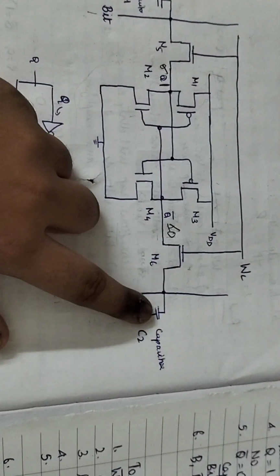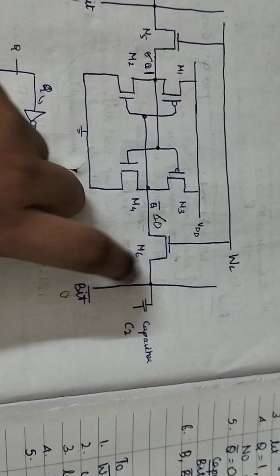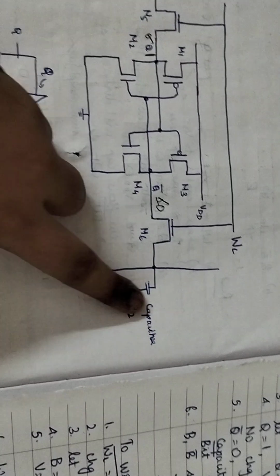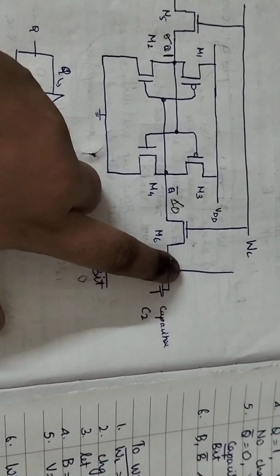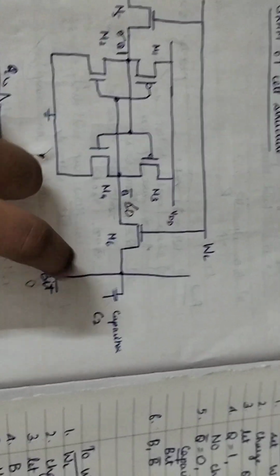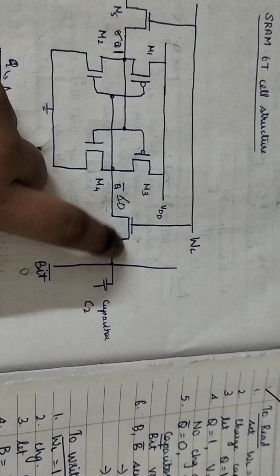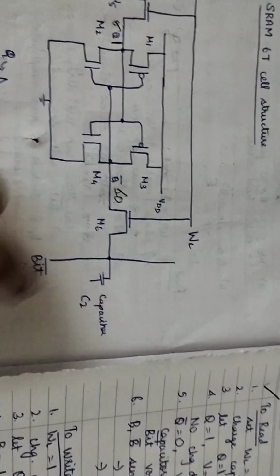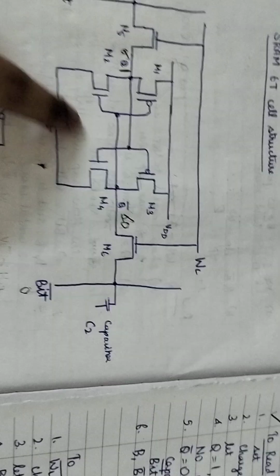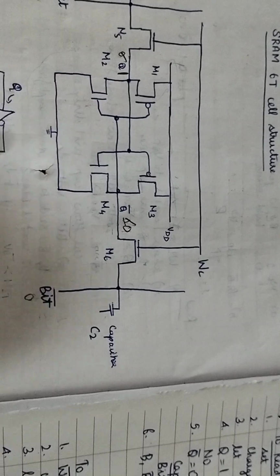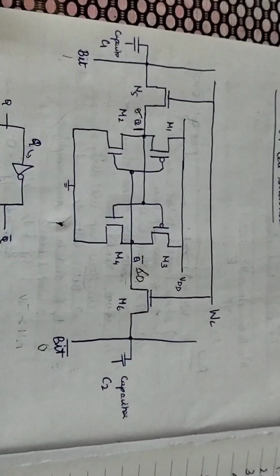Now here, because this one is charged fully and this one is a 0, meaning no charge, to bridge this potential difference, charge from here starts flowing here, meaning the potential associated with M6 is going to decrease. And each of these transistors has its own threshold potential, which is like the minimum potential required to function.